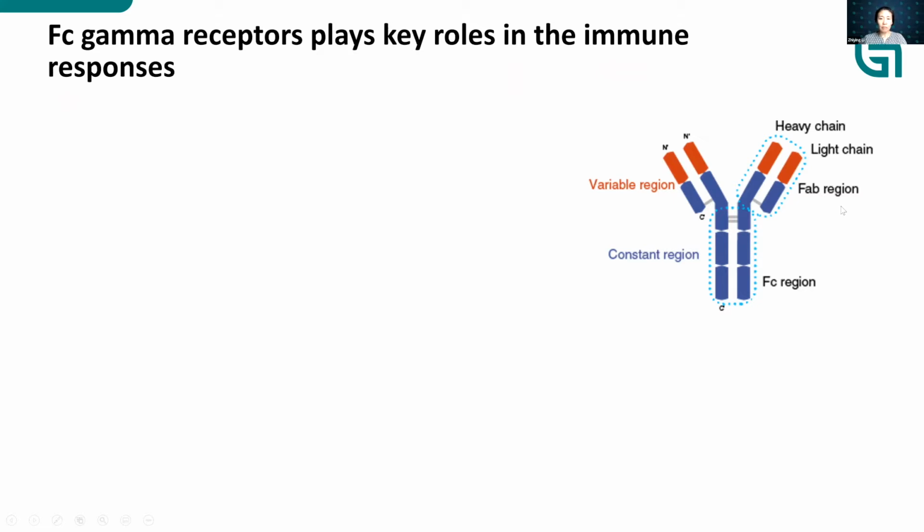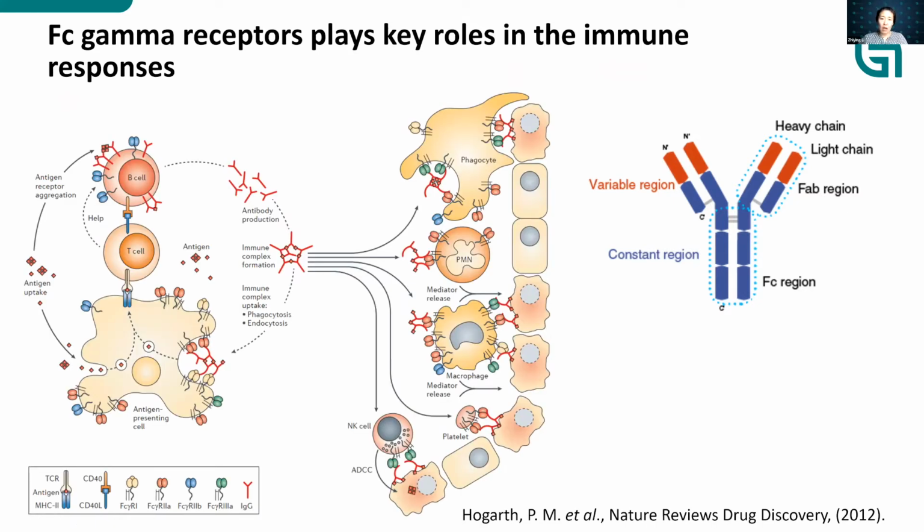In this diagram, what has been known from previous research is that there are different types of Fc gamma receptors. They are broadly categorized as activating, which is shown on the right side, versus inhibitory on the left side.